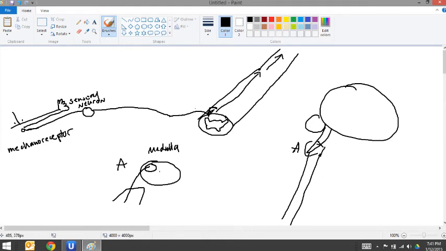Dorsal column nuclei sounds more complicated than it is. Nuclei, or a nucleus, just describes a group of similar neurons. So the dorsal column nuclei might as well be called, like, gate 4A for United Airlines or whatever. It's just the receiving area for information coming up from the dorsal column of the spinal cord.